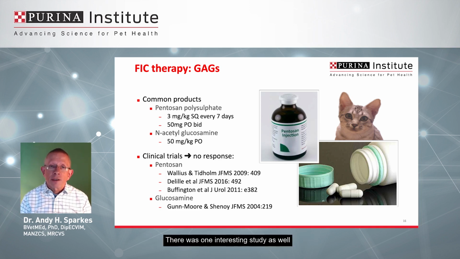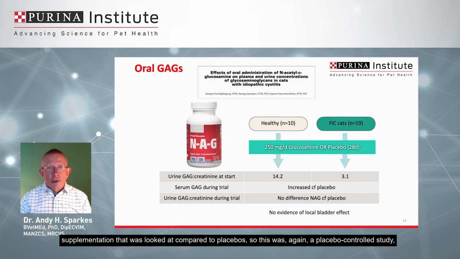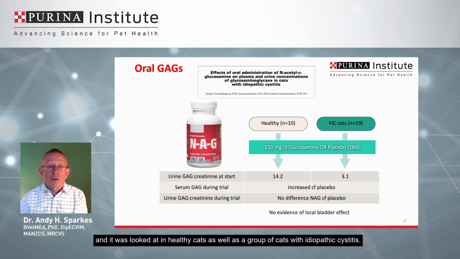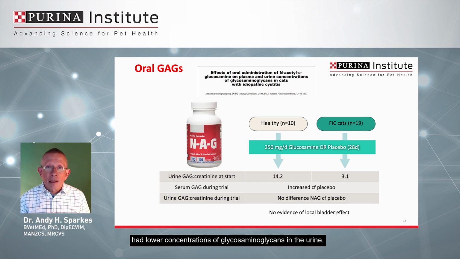There was one interesting study as well that looked at oral glucosamine supplementation. That was looked at compared to placebo, so this was again a placebo-controlled study, and it was looked at in healthy cats as well as a group of cats with idiopathic cystitis. What they showed in this study was that, again, those cats with idiopathic cystitis had lower concentrations of glycosaminoglycans in the urine.